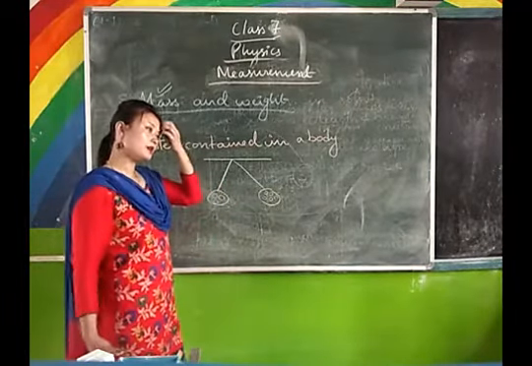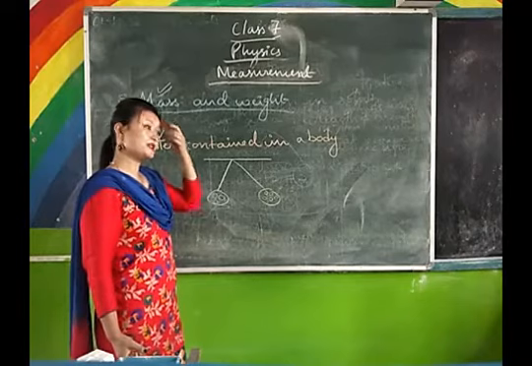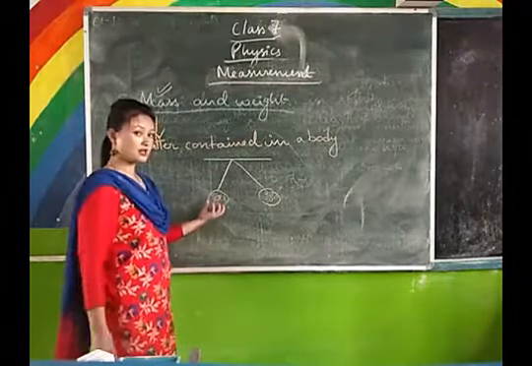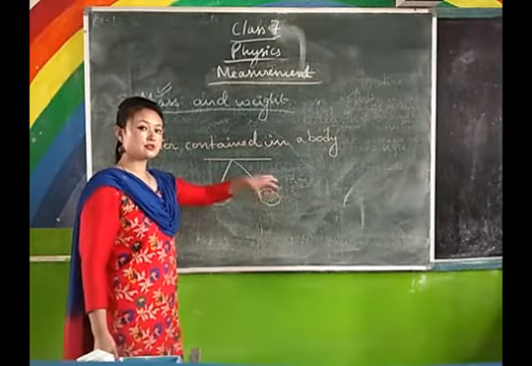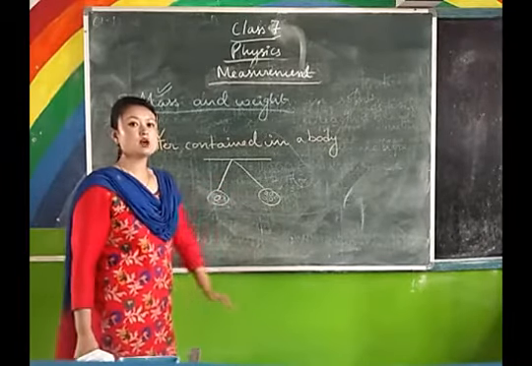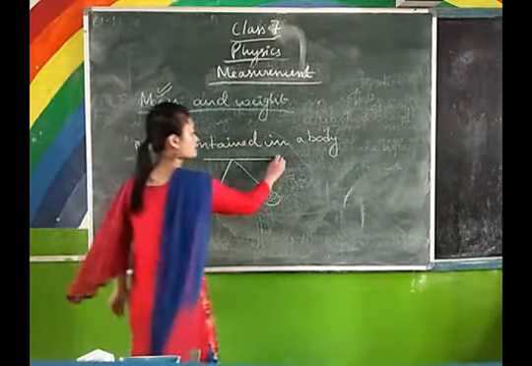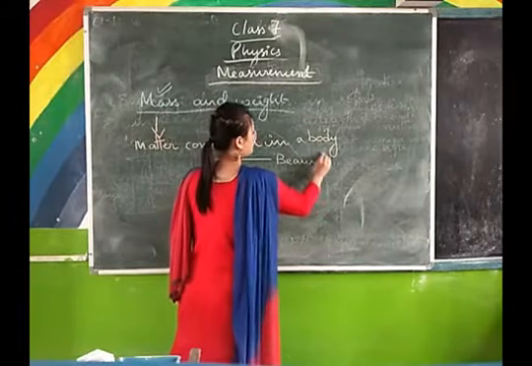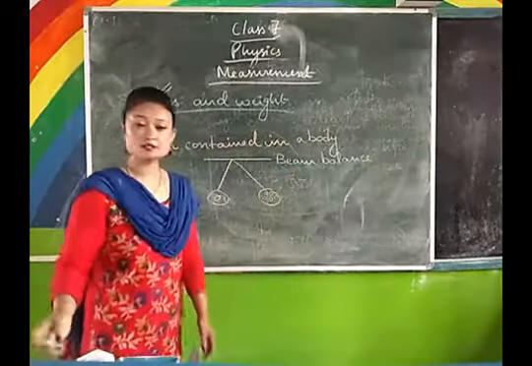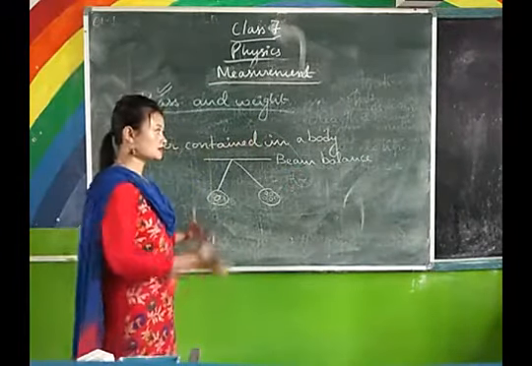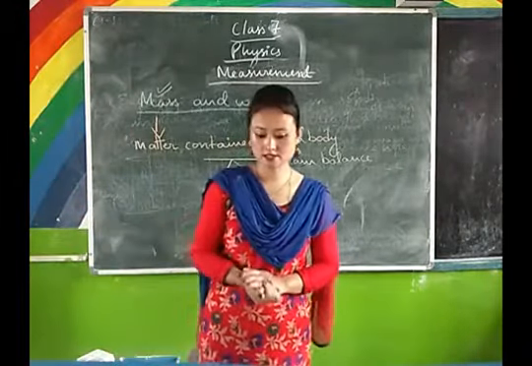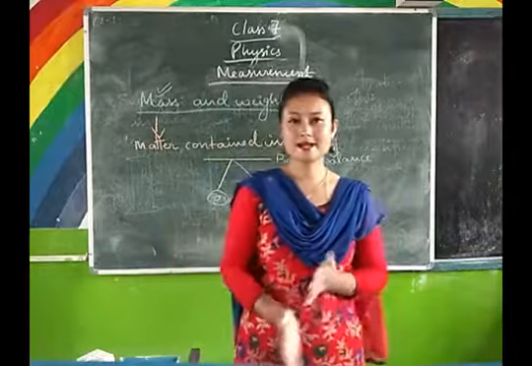If you want to purchase 1 kg potatoes, he puts a 1 kg weight over here, and then he puts potatoes until the balance becomes equal, and that would be 1 kg. This kind of balance is called a beam balance, which has been replaced by electronic digital balances these days, but some shops still use them.